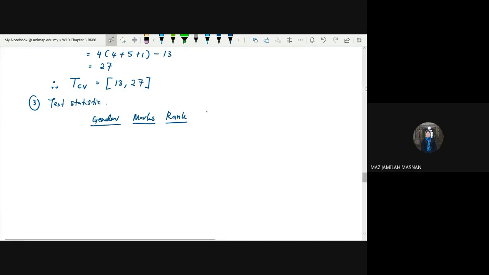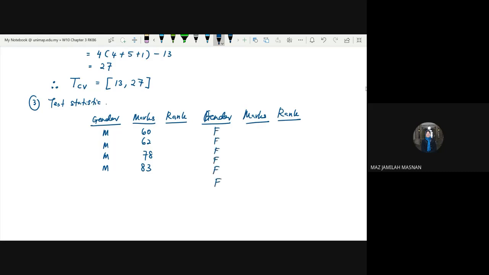For male: the marks are 60, 62, 78, 83. For female: the marks are 40, 65, 70, 88, 92.